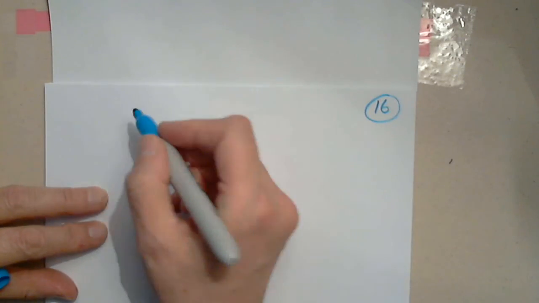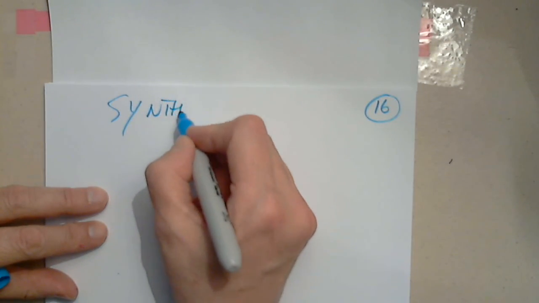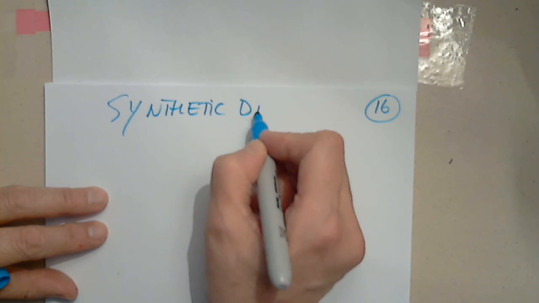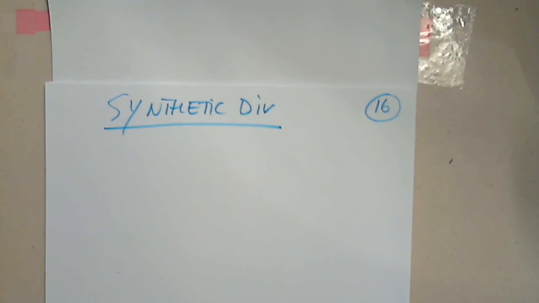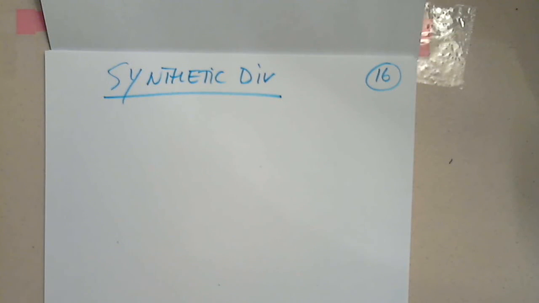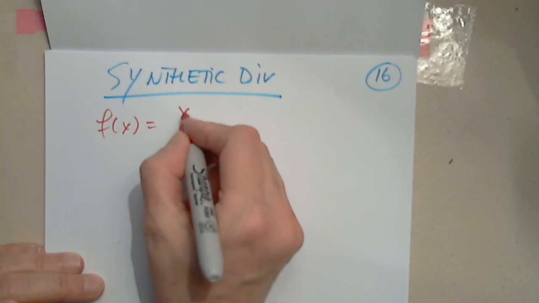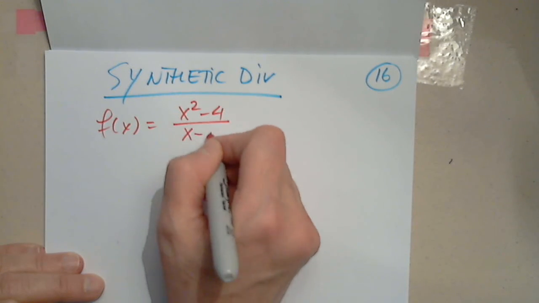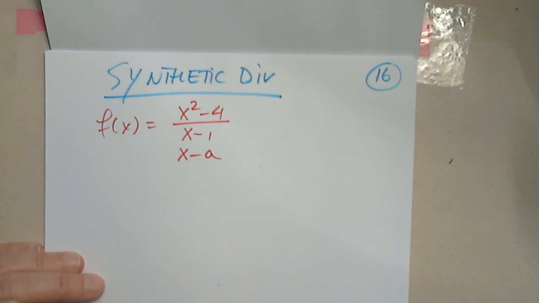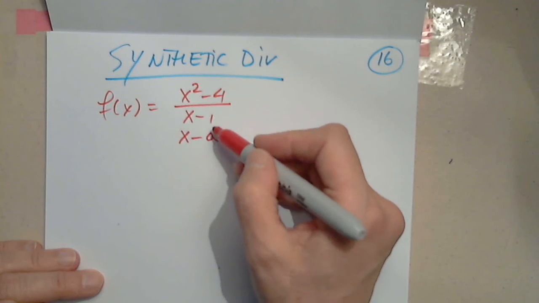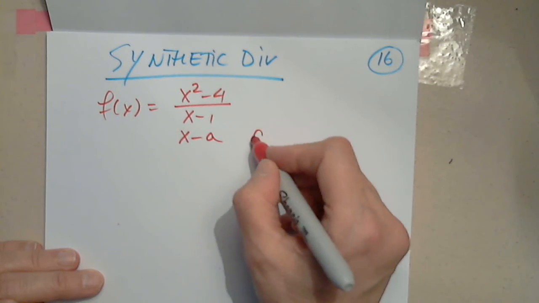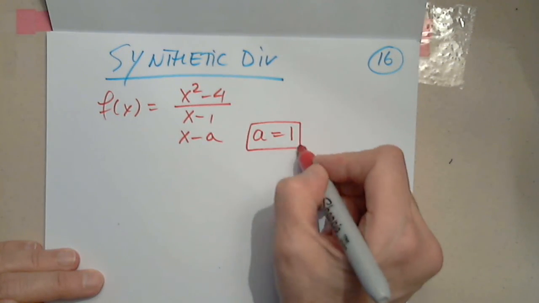And now the synthetic division. The synthetic division is applicable in this case because the denominator is x minus a number. And the number, if you compare these two, then you know the number is 1.